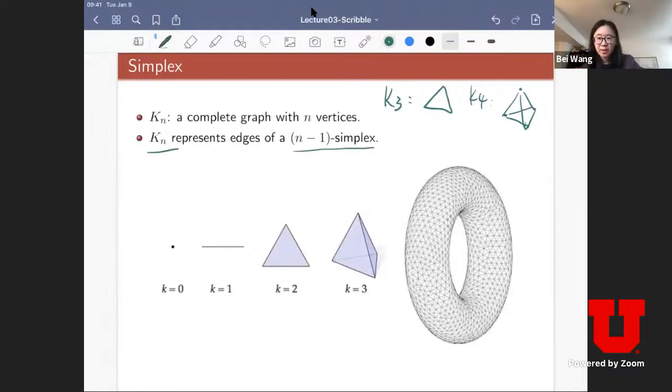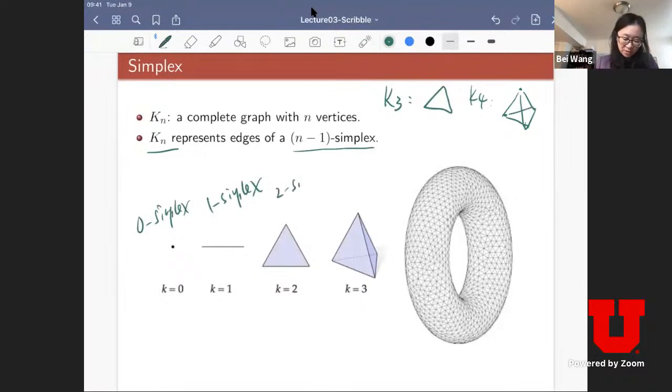And we're going to see a mathematical definition of what a simplex is. But on a high level, a zero-dimensional simplex, a zero simplex, is a vertex, okay? So a zero-dimensional simplex has one vertex. A one-dimensional simplex is an edge, and has 2 vertices.